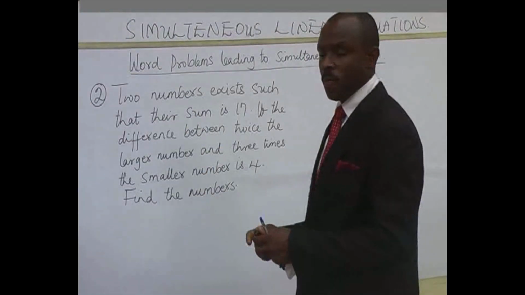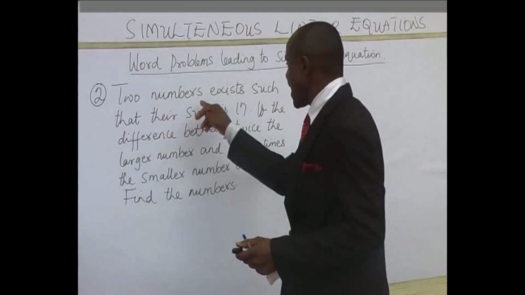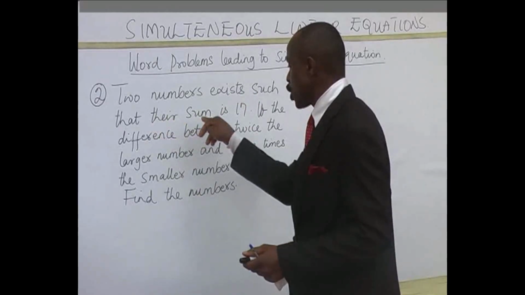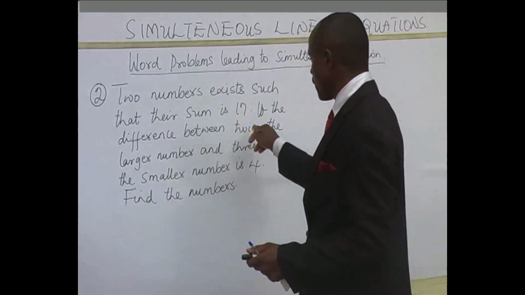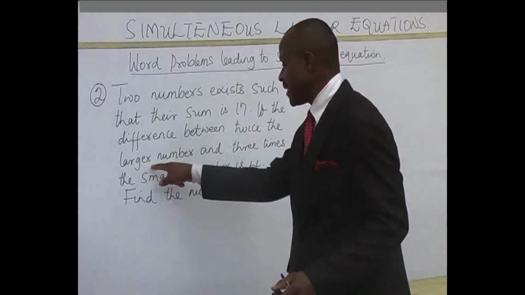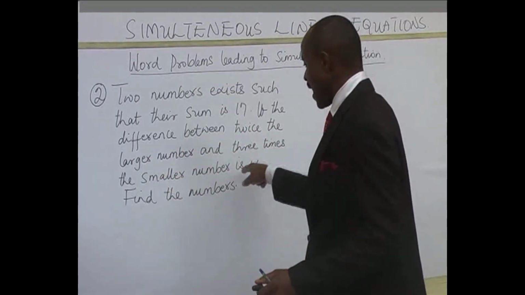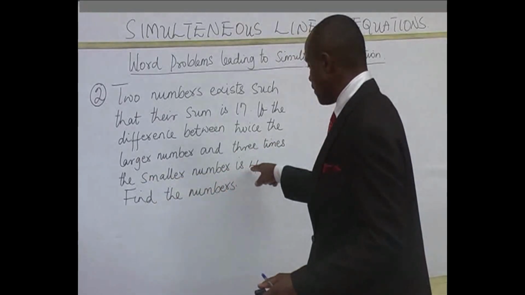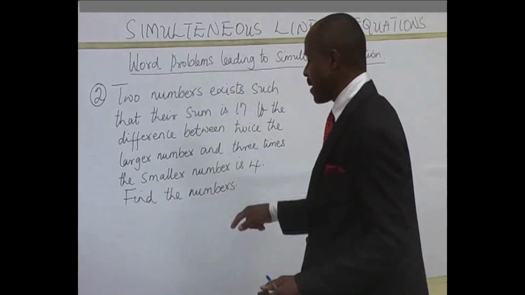Question number 2. It says that two numbers exist such that their sum is 17. If the difference between twice the larger number and 3 times the smaller number is 4, find the numbers.